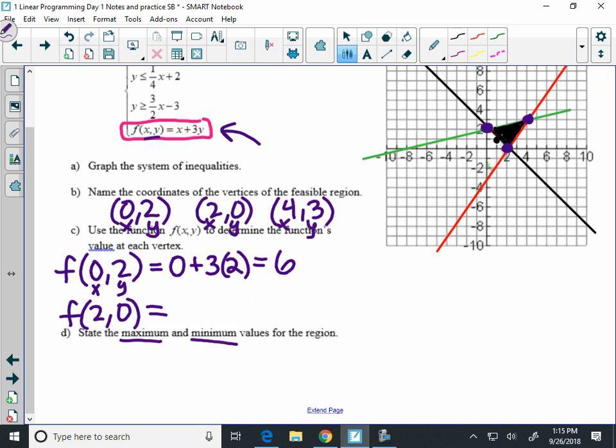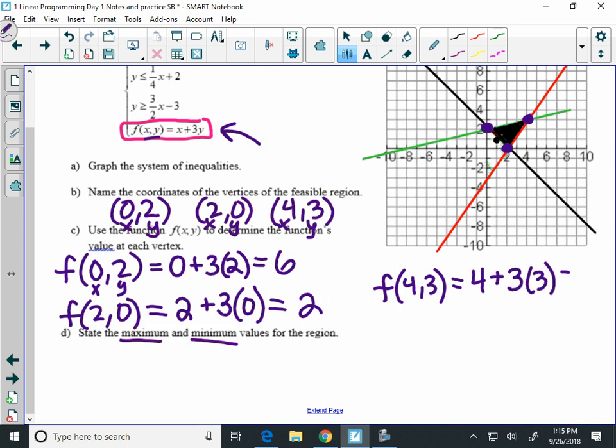We're going to put 2 in for x this time, plus 3 times our y value, which gives us 2. And we'll do our third one, f of 4, 3. All right, so our x plus 3 times the y gives you an output of 13.